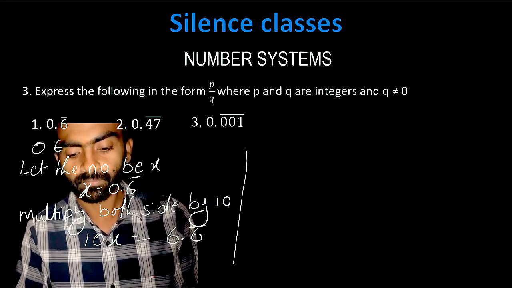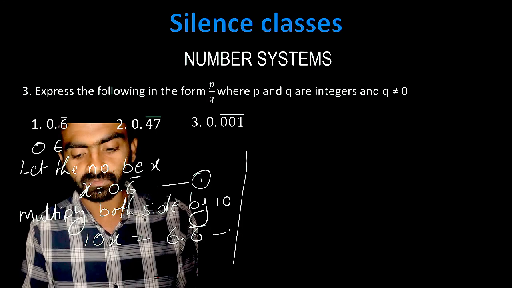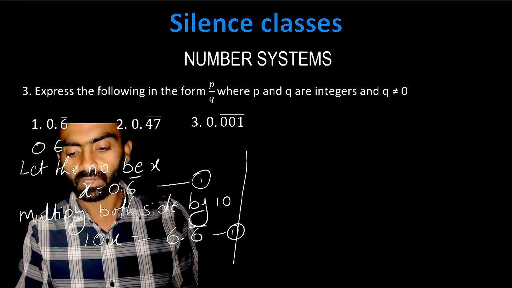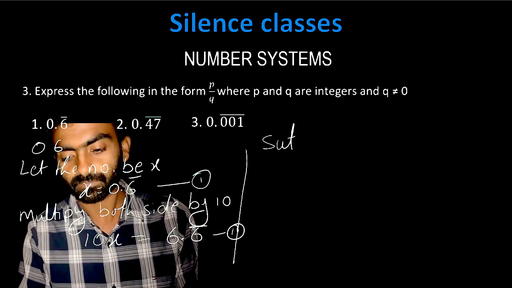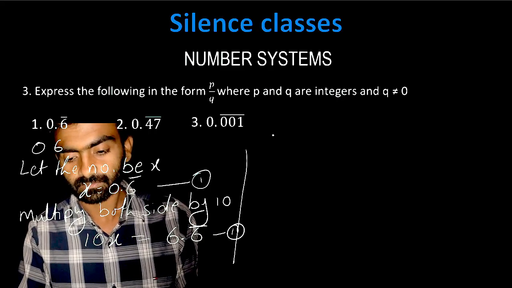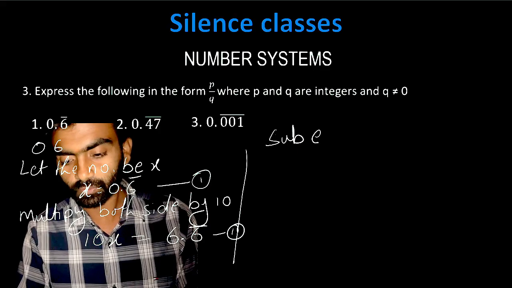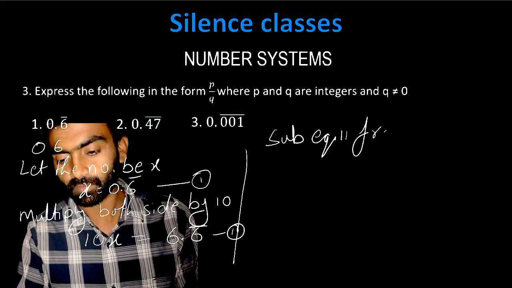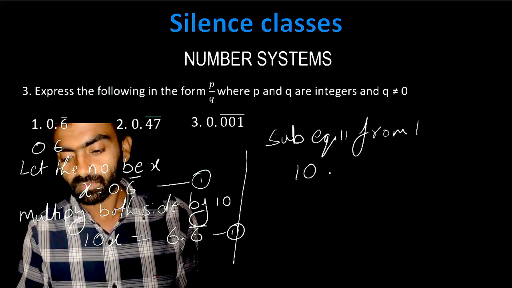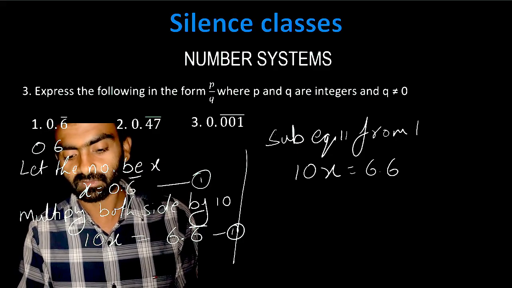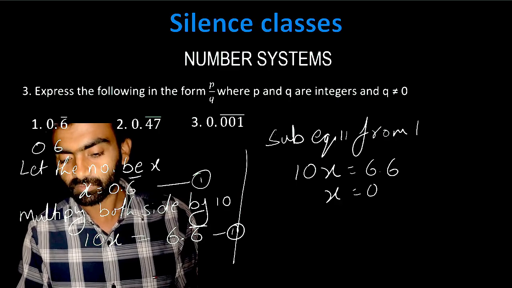This is equation number 1 and this is equation number 2. Now we will subtract equation number 1 from 2. So we subtract 10x is equal to 6.6 by x is equal to 0.6.